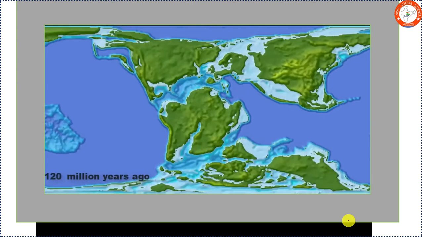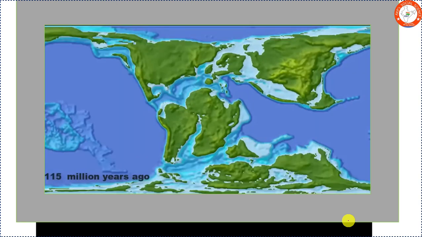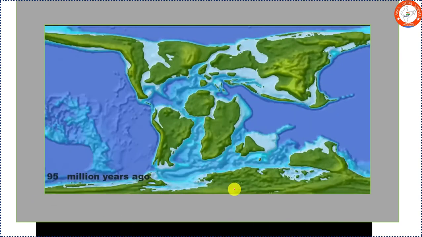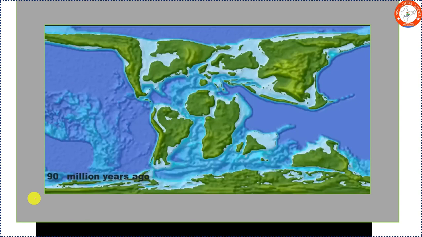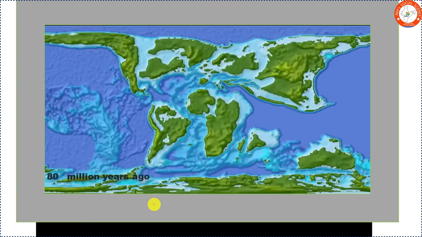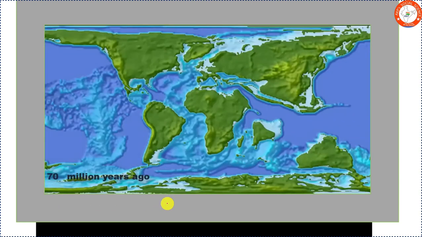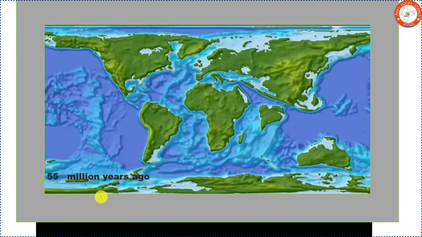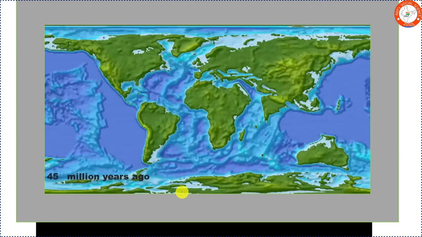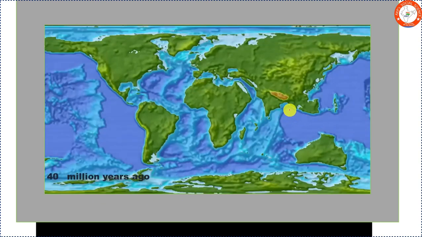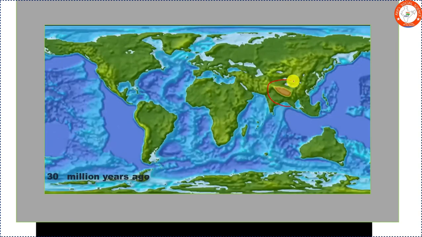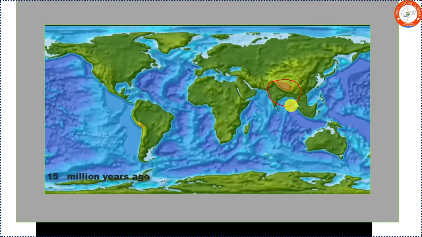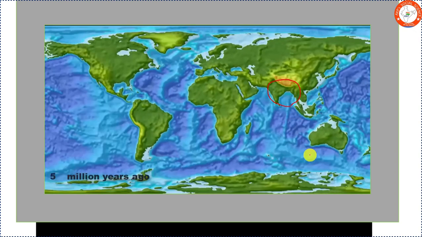Now, 105 million years ago, 100 million, 95 million, 90 million, 85 million, 75 million, 65 million years ago, and 50 million years ago. See, this is the area where India is, and here is the area where we find the Himalayas. So, it is part of the Tethys Sea.